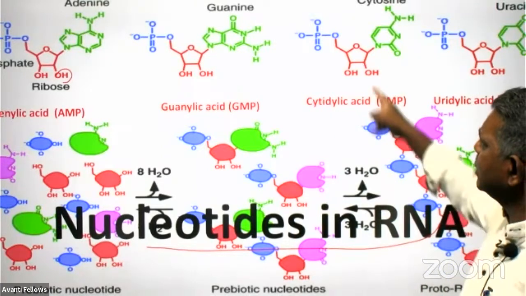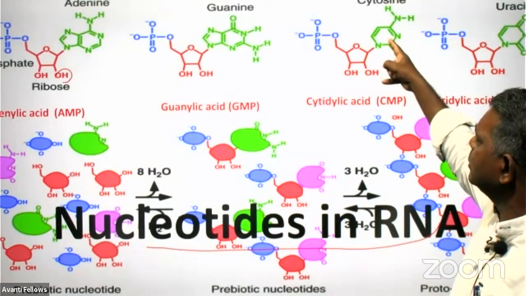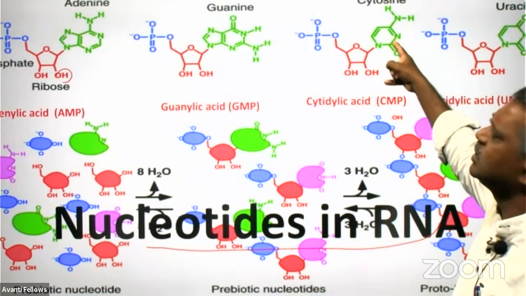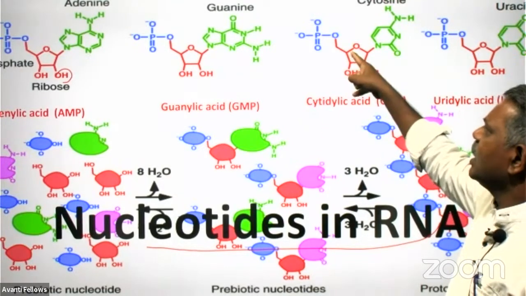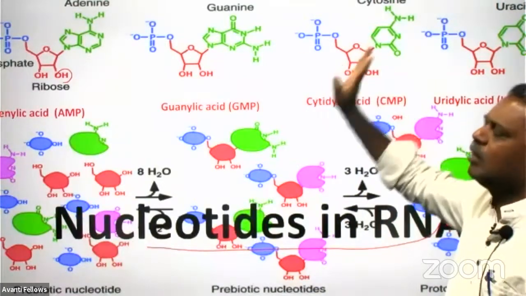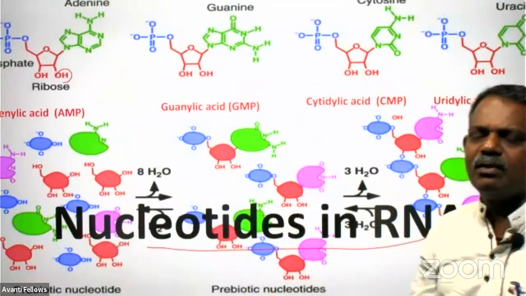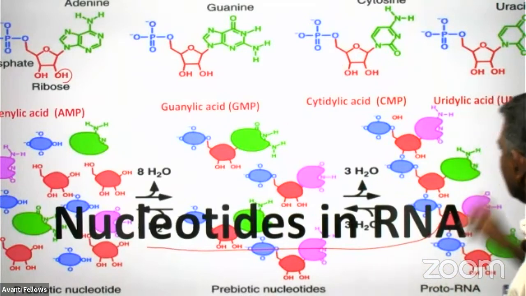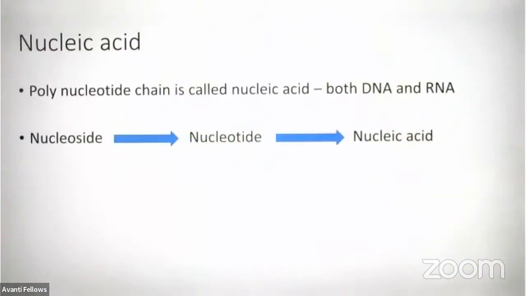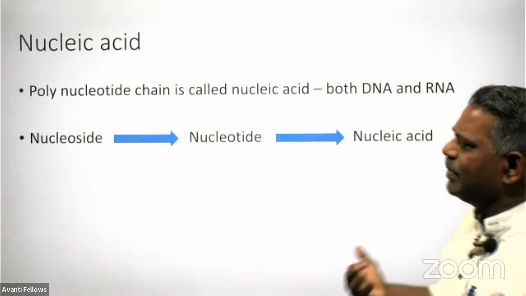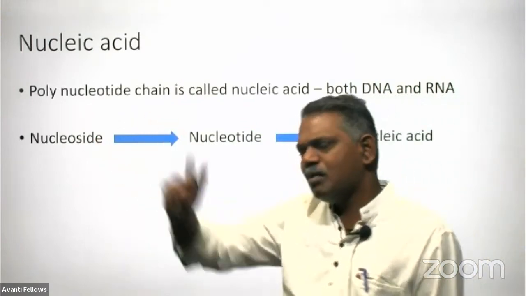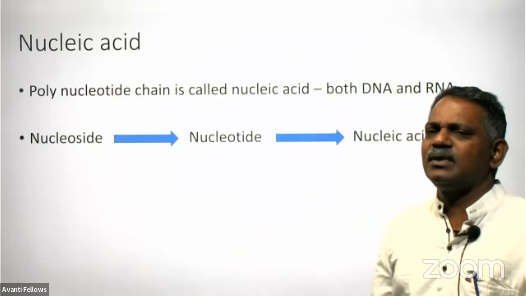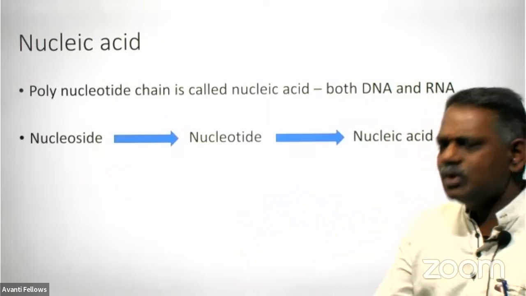The first carbon atom of the pentose sugar is always connected to the nitrogenous base in both DNA and RNA, and the fifth carbon atom of the pentose sugar is always connected to the phosphate molecule in both DNA and RNA. So it is developing like this. Nucleosides have only two components, the nitrogenous base as well as the pentose sugar.